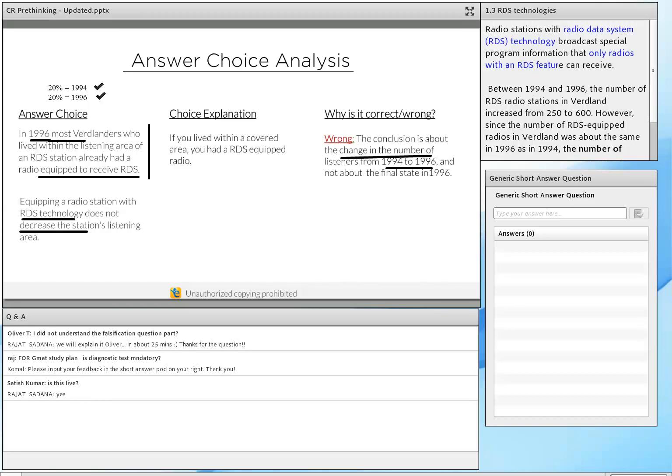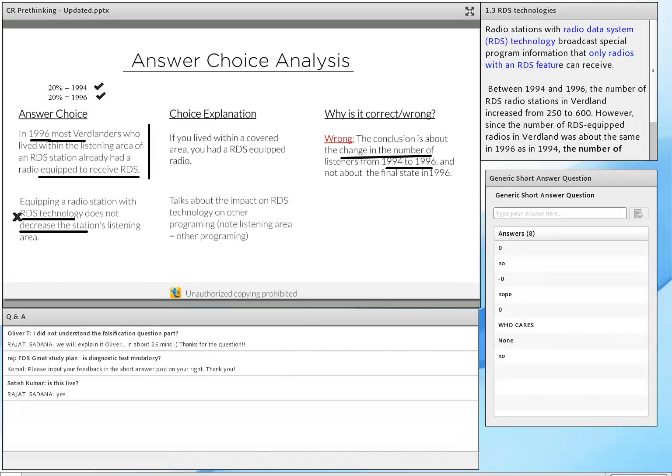If a radio station has no RDS technology, what is the range of special programming from that radio station? Yeah, I know, who cares, but just for argument. Zero. So then, can you decrease the range from zero? Is there something called a negative range? Nope. This entire answer choice is illogical, or the impact on range is on other programming.